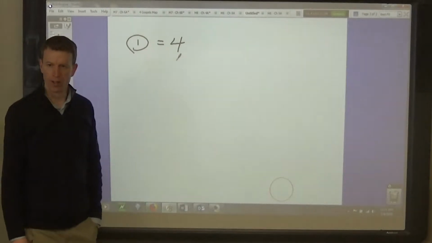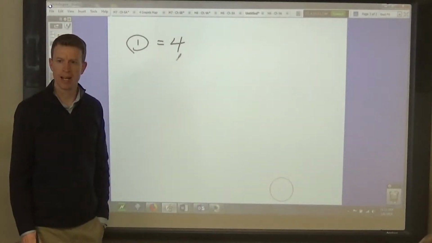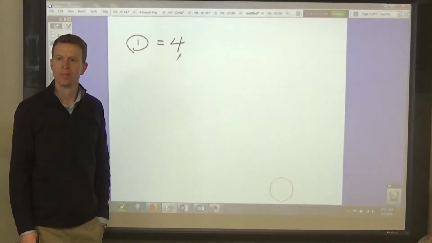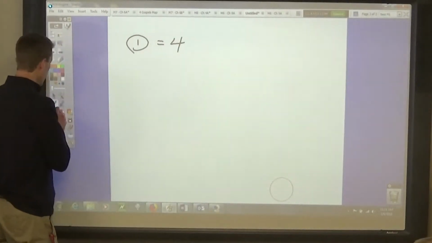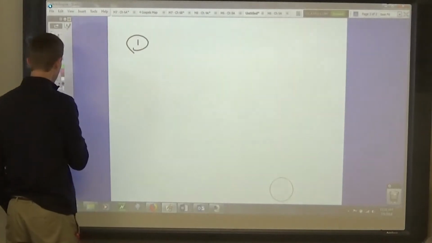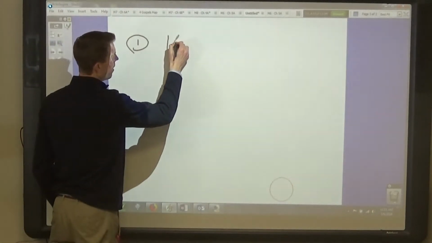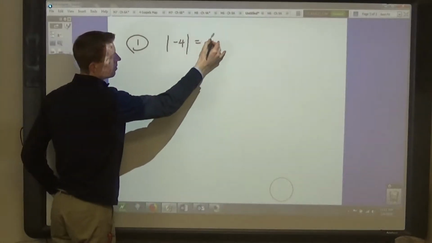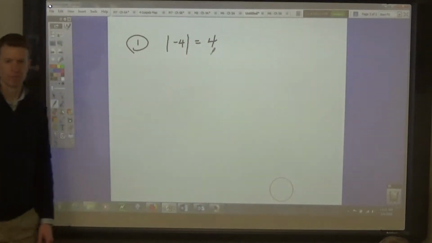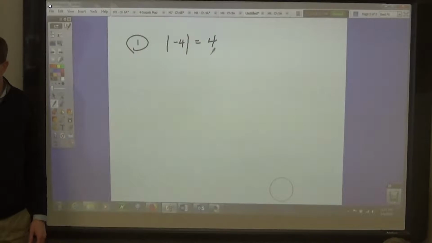Why is it 4? Because it's 4 spaces away from the 0. Good, because it's 4 spaces away from 0. So this is true. The absolute value of negative 4 equals 4. Okay?